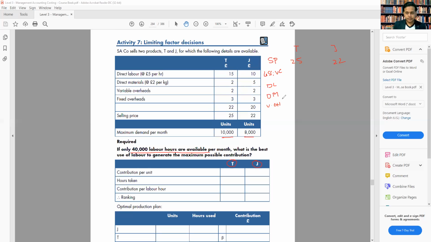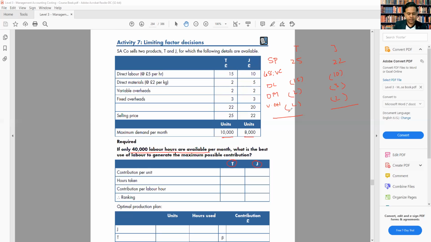So we have 15, then 10 here, then 2, then 5, then 2, and 2. That will give me the contribution for T and J. So how much is the contribution for T?